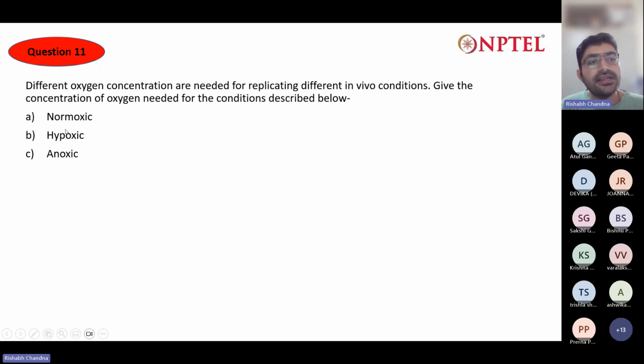Can anybody tell what is the range of oxygen that is maintained in normoxic conditions? 20 to 21%. Okay. Any more guesses?